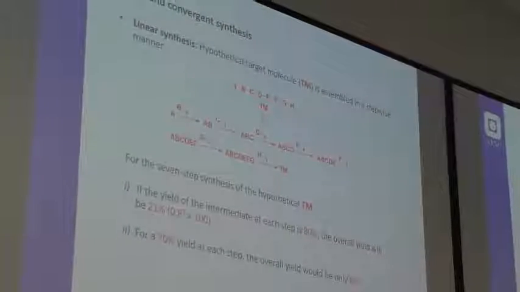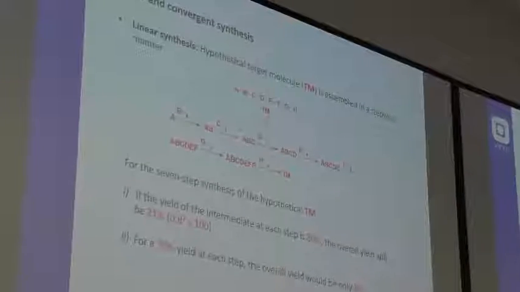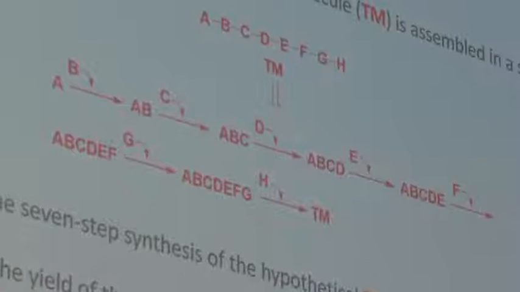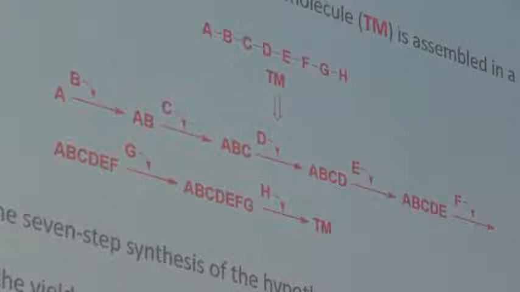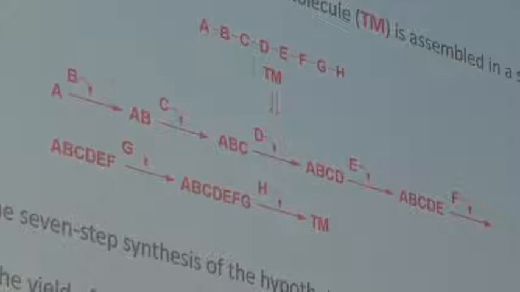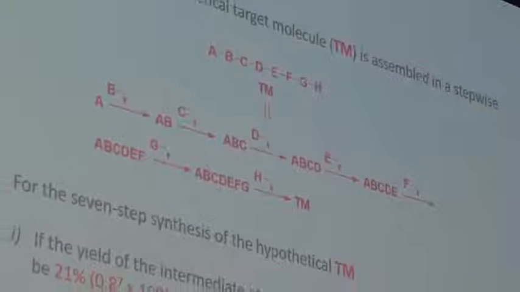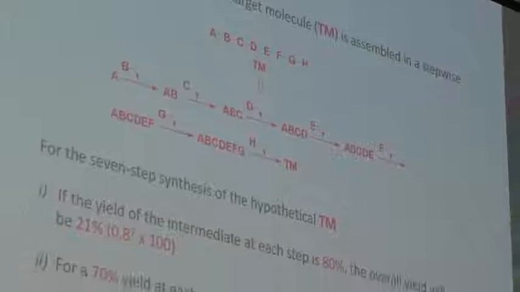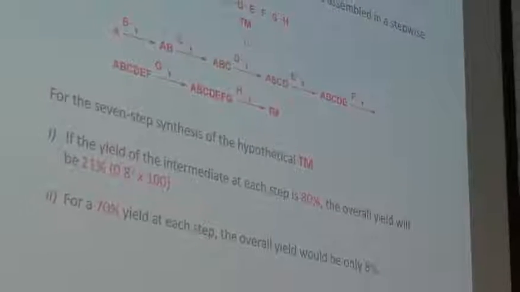In this 7-step synthesis, where each step is 80%, the overall yield will be only 21%. For a 70% yield at each step, the overall yield would only be 8%.